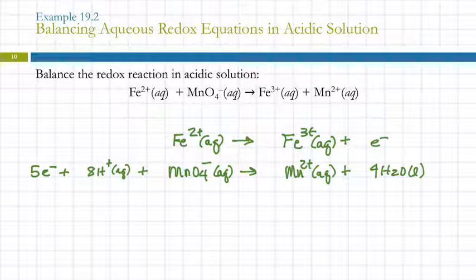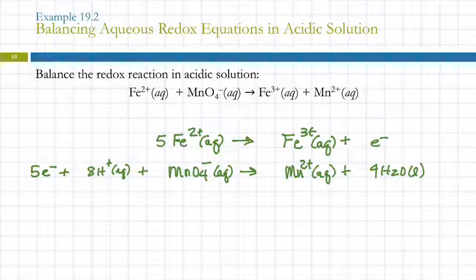What was the next step? Make the electrons equal. Right? This one has 5 electrons, this only has 1 electron. It doesn't matter what the number is, they just need to be the same. So I can multiply this top reaction by 5, so I can have 5 electrons.